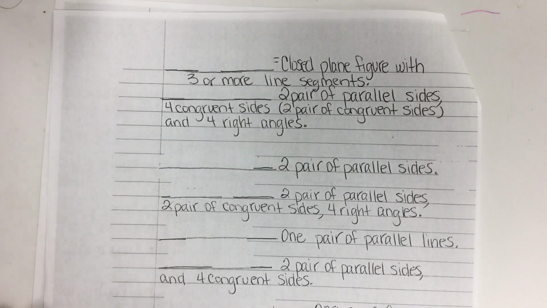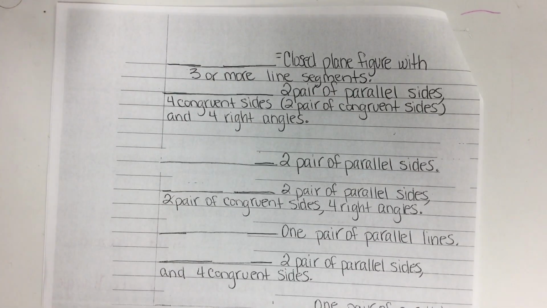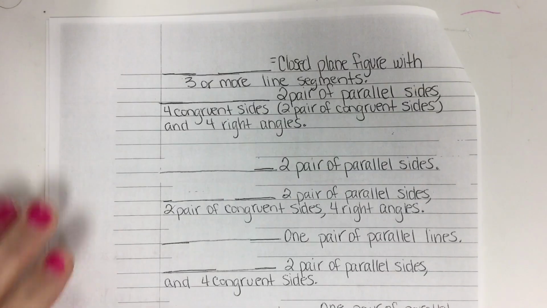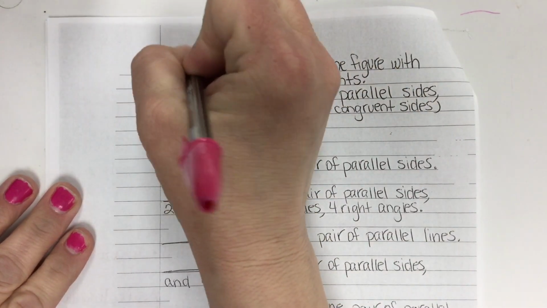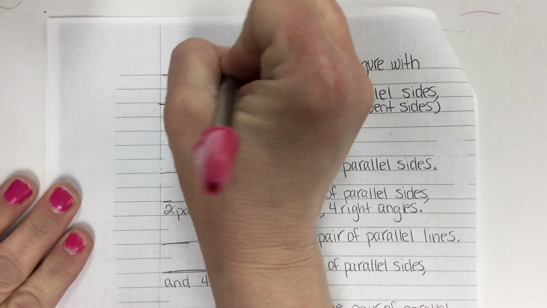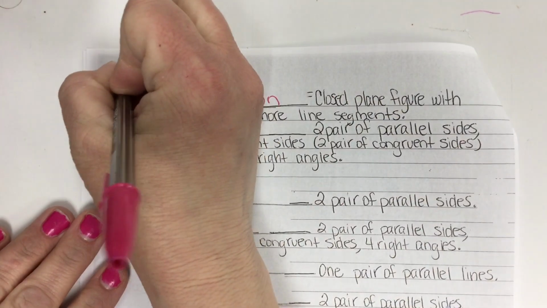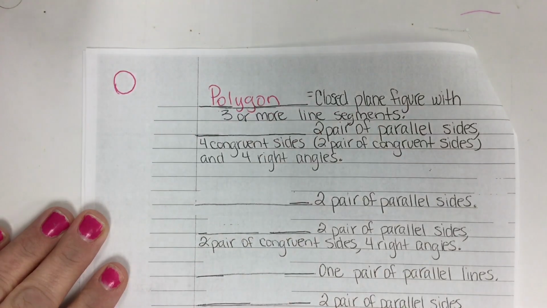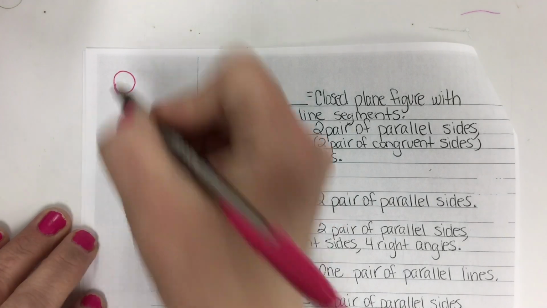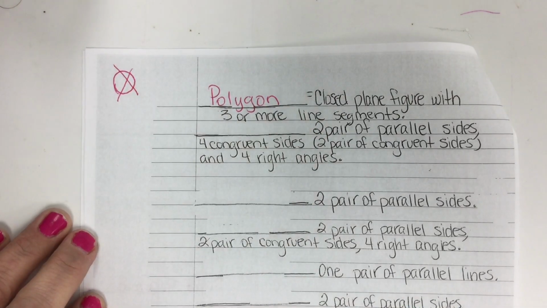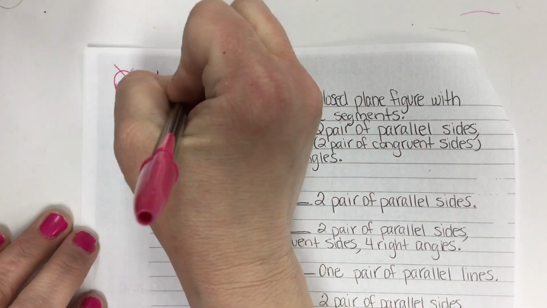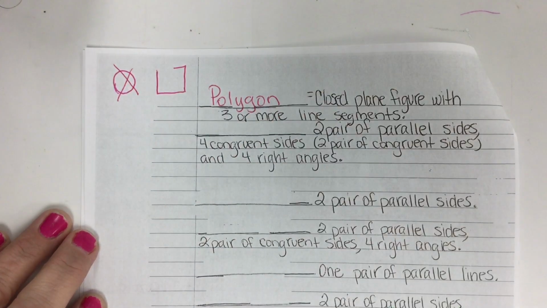All right, on the back. A closed plane figure with 3 or more line segments. That is a polygon. So let's be clear. That's a circle. There are no line segments. That is not a polygon. Okay?